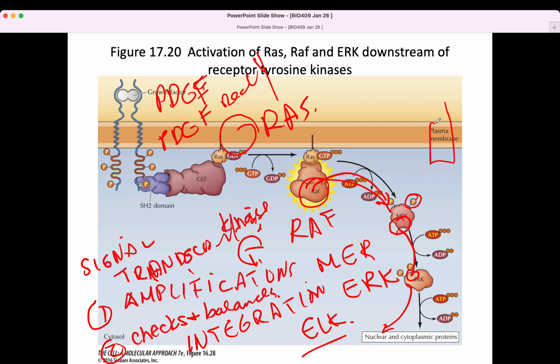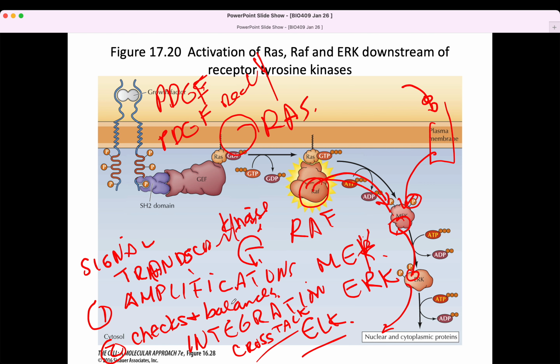Sometimes there is more than one regulatory factor, and these pathways integrate, or you could say there is some crosstalk, that checks and balances or crosstalk. And so we just say that quickly: RAS, MEC, ERK, ELK, like that, those steps.